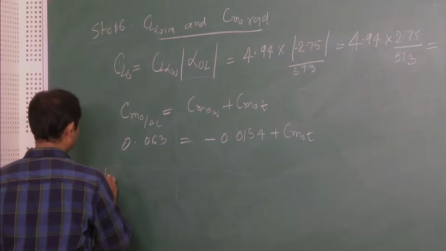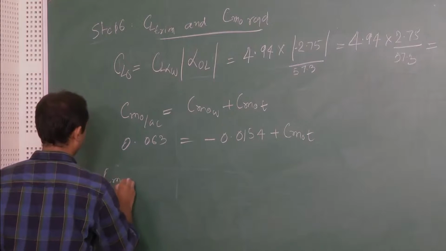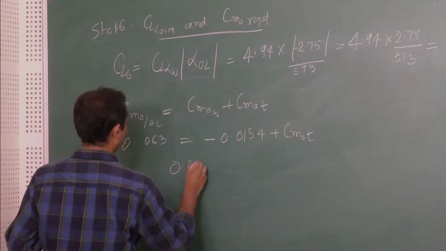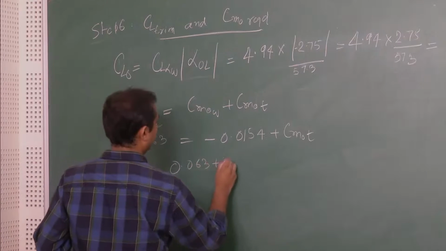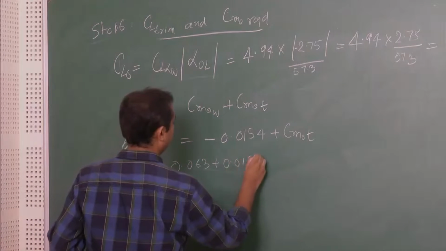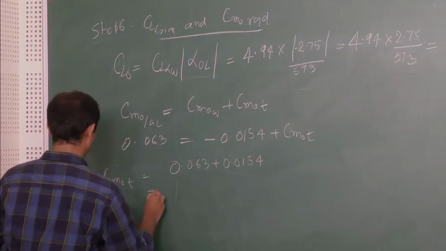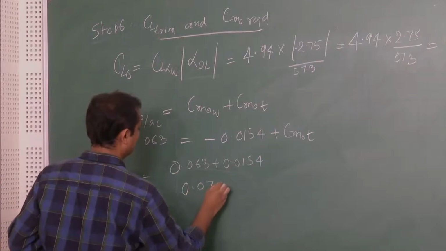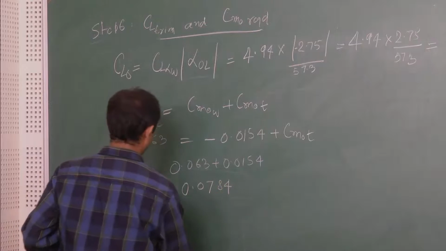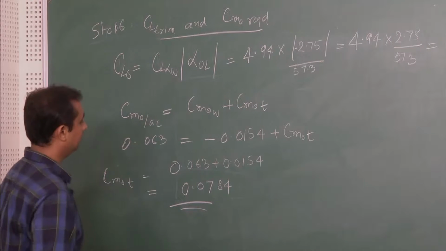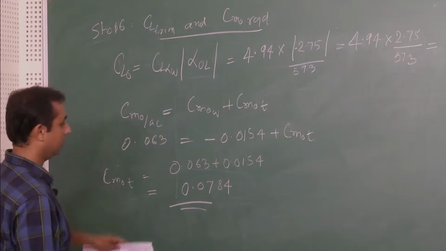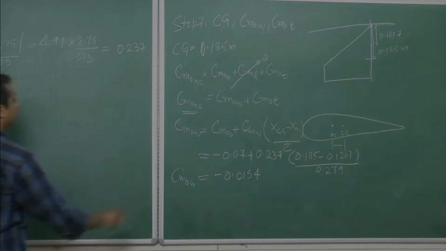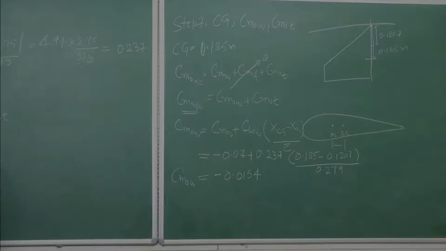So Cm naught of tail will be 0.063 plus 0.0154, which will be equal to 0.074. So this is a value I have to generate in order to get total Cm naught of aircraft as 0.063.